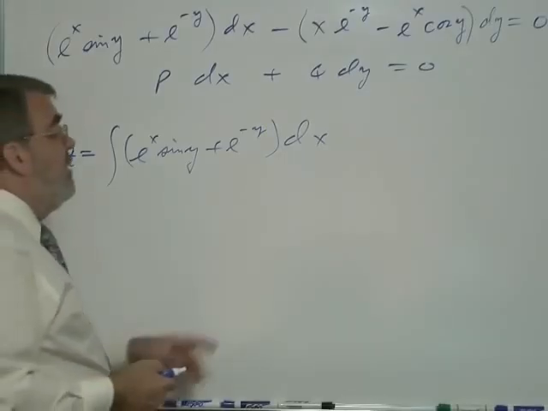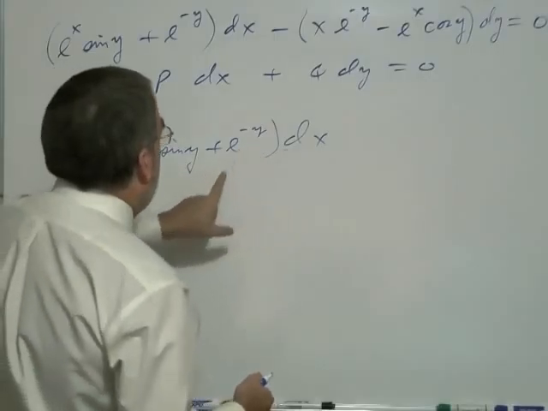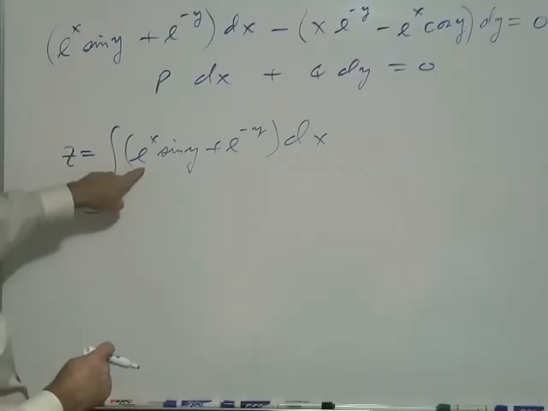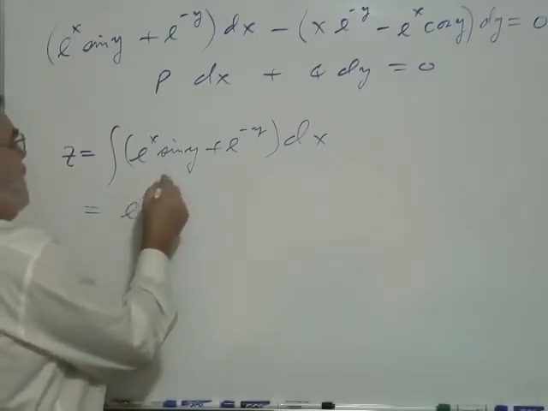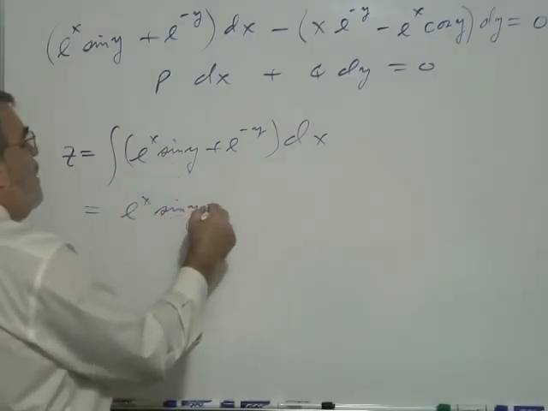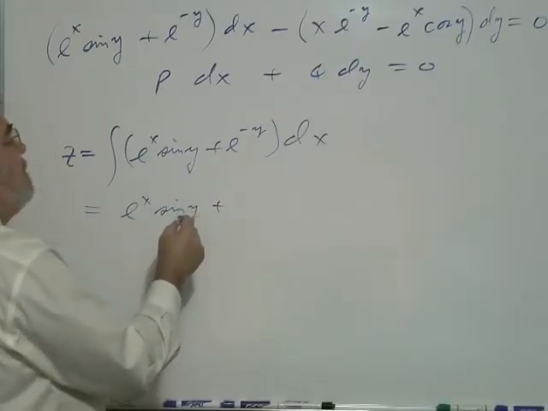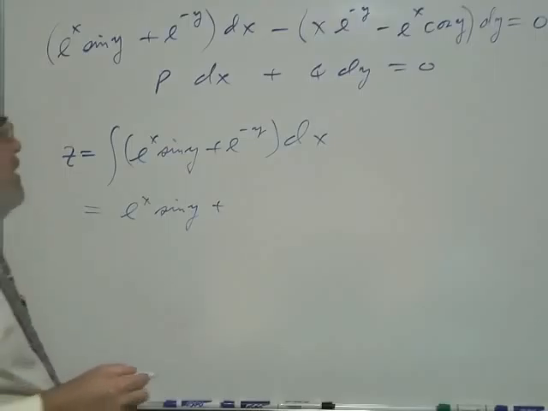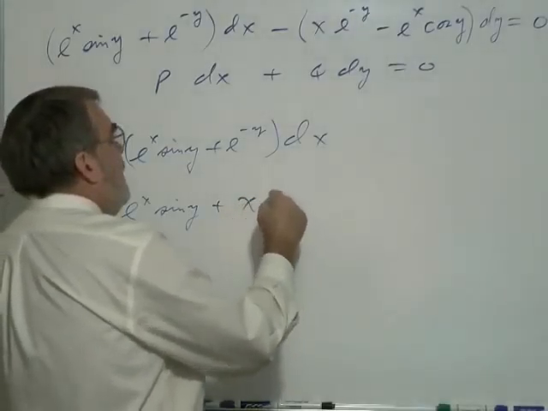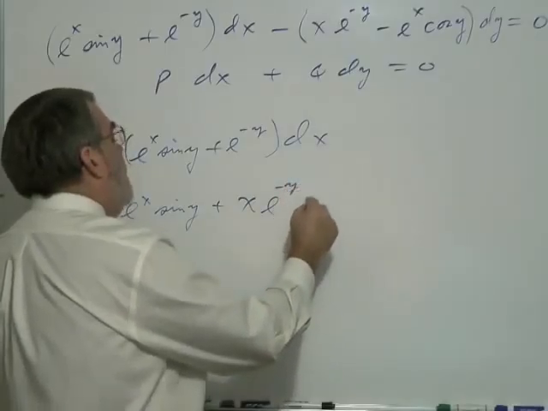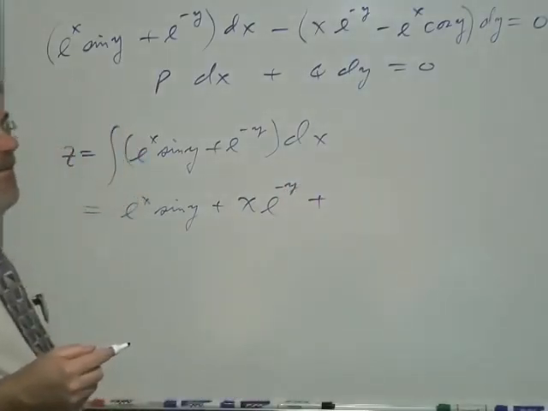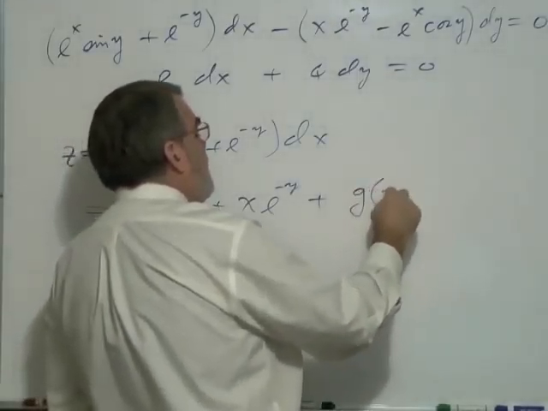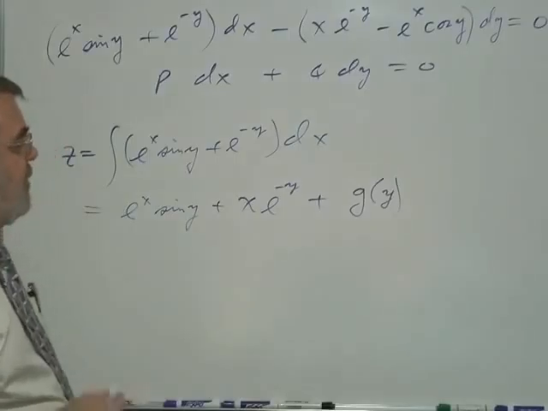Because we're doing it with respect to x, we're going to treat y as a constant. So, integrate e to the x, we'll get e to the x sine y plus, this is a constant, so when I integrate with respect to x, I'll get x e to the minus y, plus my additive constant, my plus c, so to speak, is a function of y, and traditionally we call it g of y.